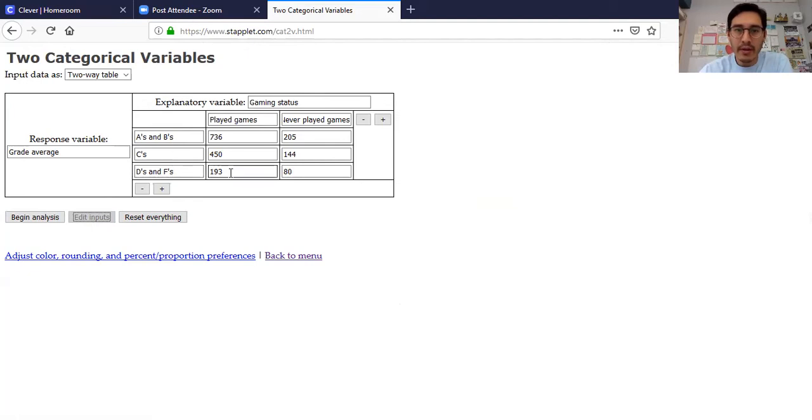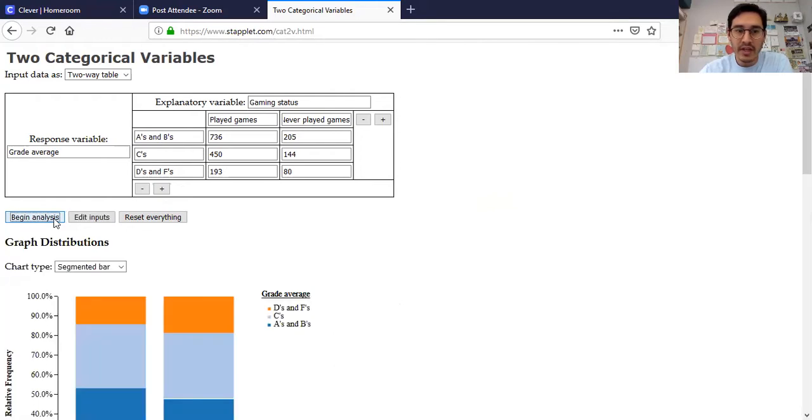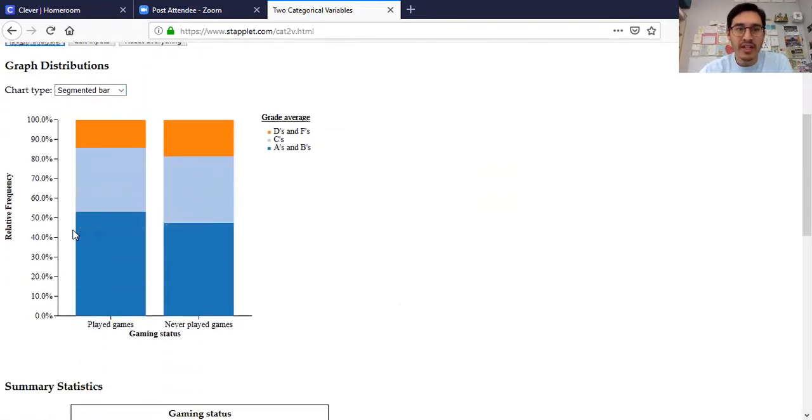So I've already typed in all the counts here. So we have gaming status, and we have the two subgroups of boys, and then we have the grade average, which has 3 categories. And then I just hit begin analysis, okay? And automatically it takes me to the segmented bar, right? So what I just did by hand with my highlighters, this did in a matter of seconds, right?